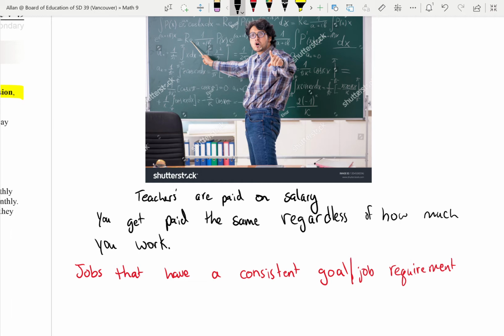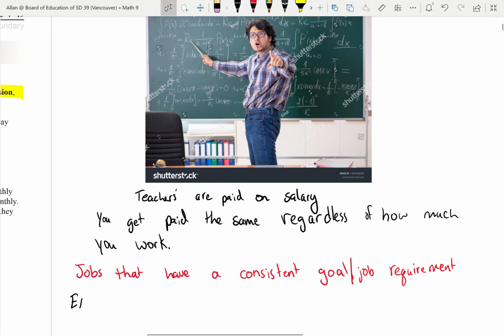On certain days it may be more strenuous, on some days it may be less, but consistently you're doing the same kind of job day in, day out. For example, as a teacher, my role is to teach grade 9 math. I have a whole year to teach grade 9 math. Each day is going to be different, but because I have this specific goal in mind, they can pay you a consistent amount and just spread it out over the year.